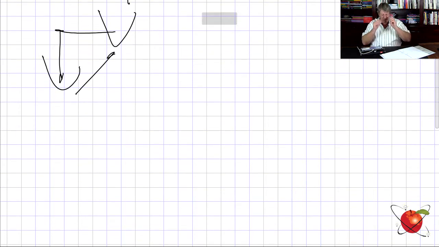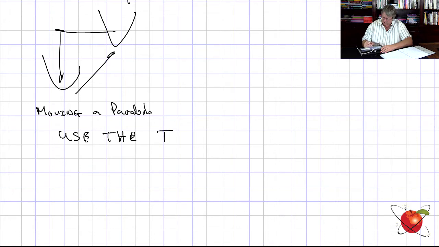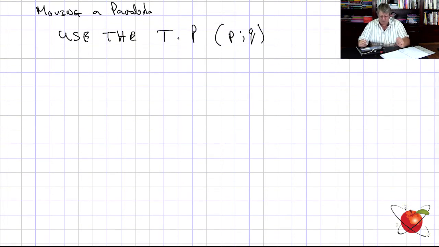So all of the moving of a parabola, it's not only a parabola, it's the others also. Moving a parabola, you use the turning point, which is P and Q. Because if you remember, moving something up or down, let's just recap.